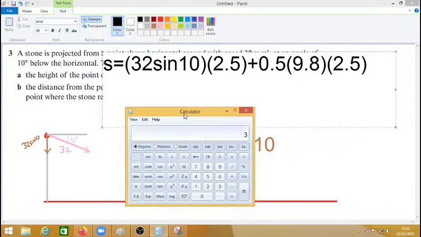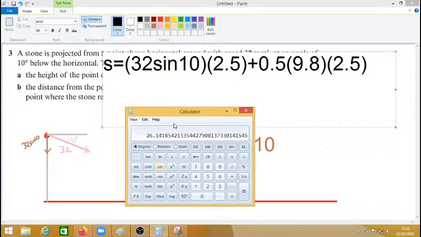So 32 times sine of 10 times 2.5 plus 0.5 times 9.8 times 2.5.